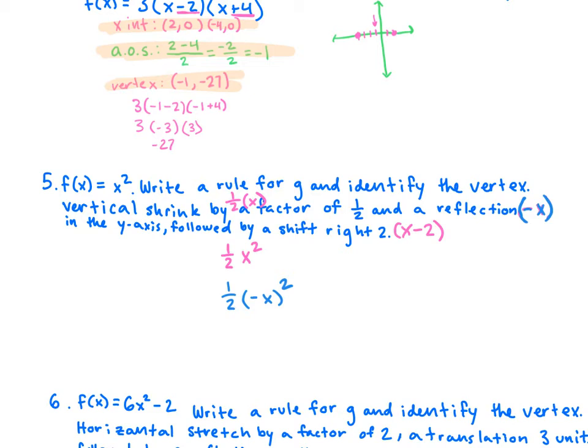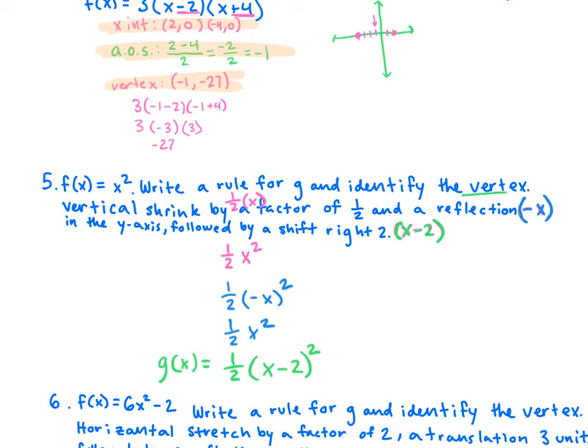So remember, negative times a negative is a positive. So we just change this to 1/2 x squared because it becomes positive. And then last thing we have is our x minus 2 on the inside. So we change our x to x minus 2. So we have 1/2 times x minus 2 squared. So this is our new g of x.